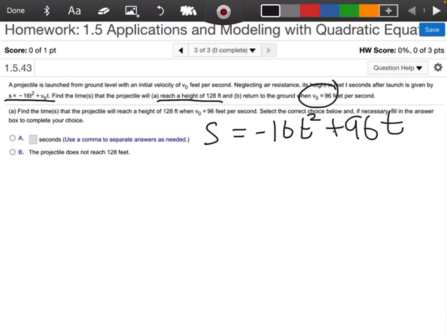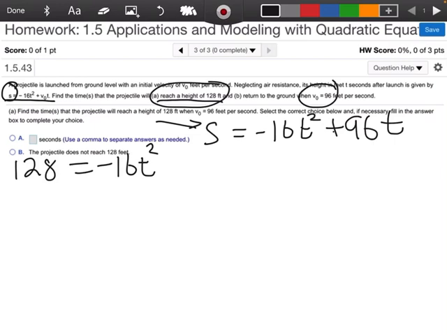The letter S, guys, refers to the height. And since we're looking for when the height's going to be 128, I'm going to plug in a 128 where my S used to be. So I'm going to write this as 128 equals negative 16t squared plus 96t.